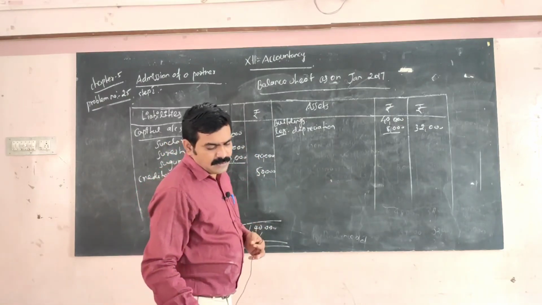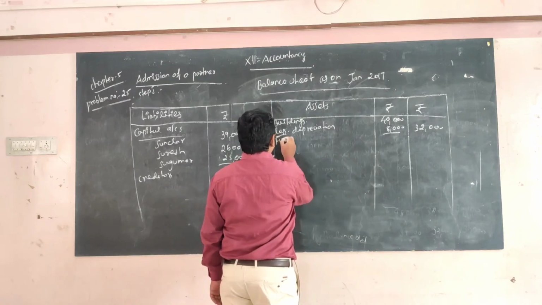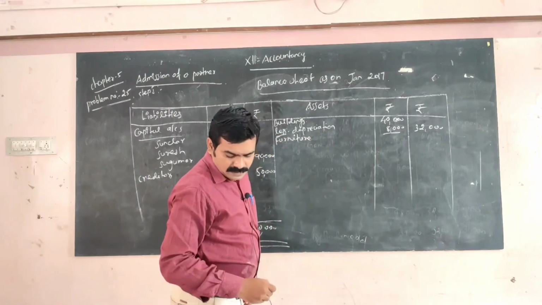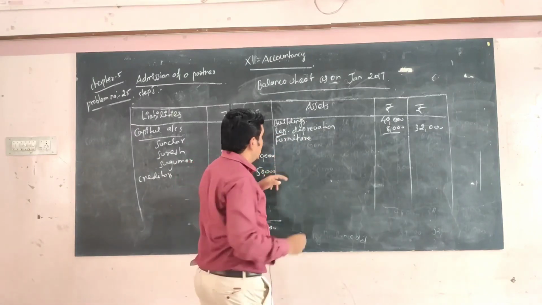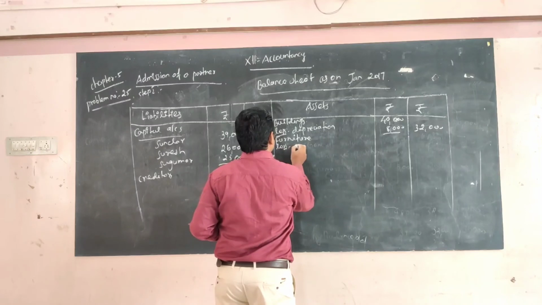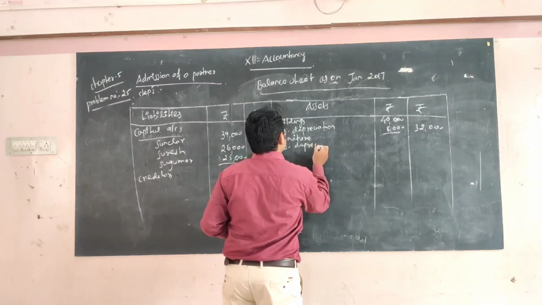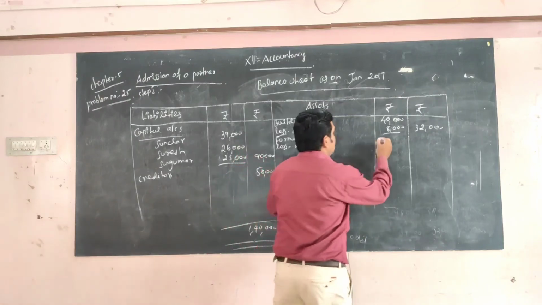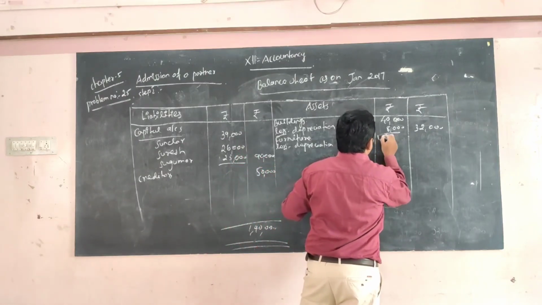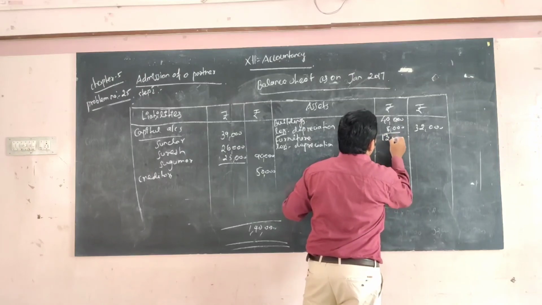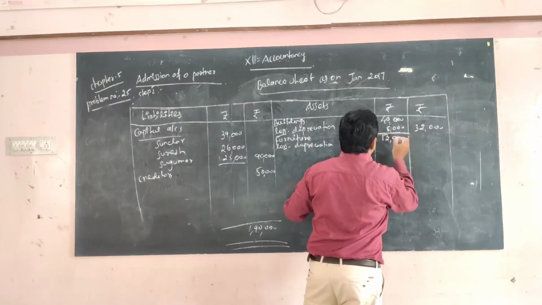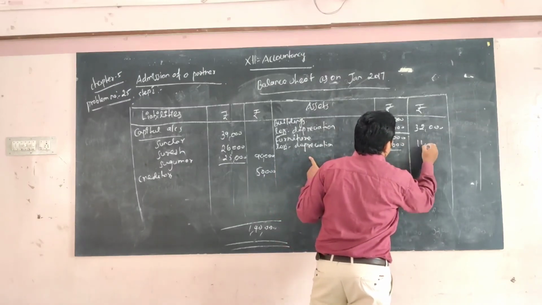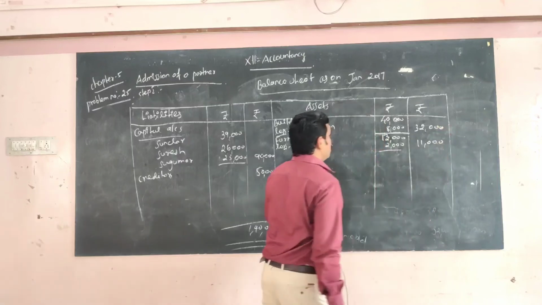Next, furniture, less depreciation. The furniture amount is 13,000. The depreciation is only 2,000, so 11,000.